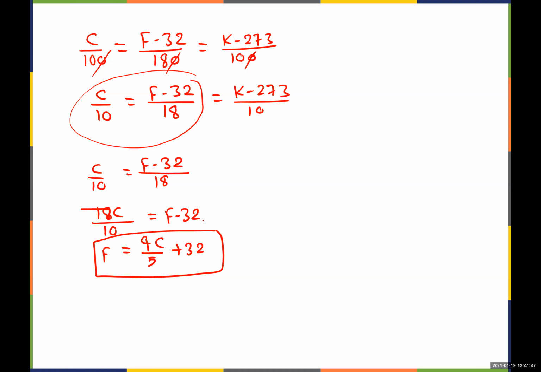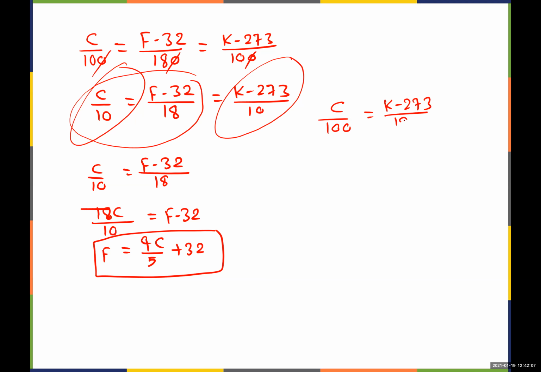Okay, if I take this first one and this last one, then you can write C over 100 equals K minus 273 over 100. Then this 100 cancels out, so basically C equals K minus 273. Then you can write C plus 273 equals Kelvin.